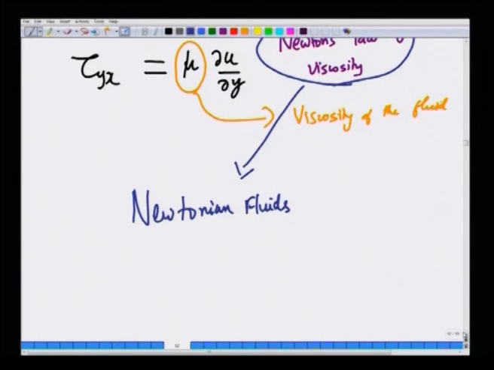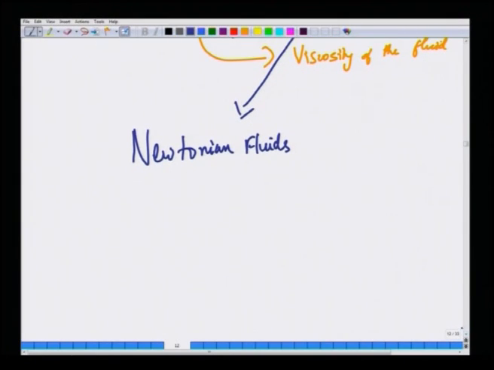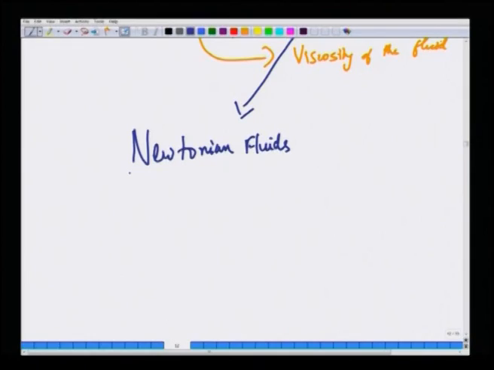Now, this constitutive relation is derived only for a simple one dimensional approximation. As I told you in the last lecture, in general fluid flow can occur in all 3 dimensions. So, we have to worry about stresses in all the directions. The general constitutive relation for a Newtonian fluid can be written as follows. Remember that the stress tensor is a symmetric tensor.